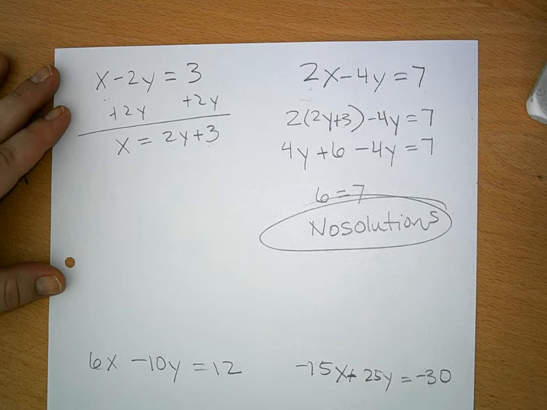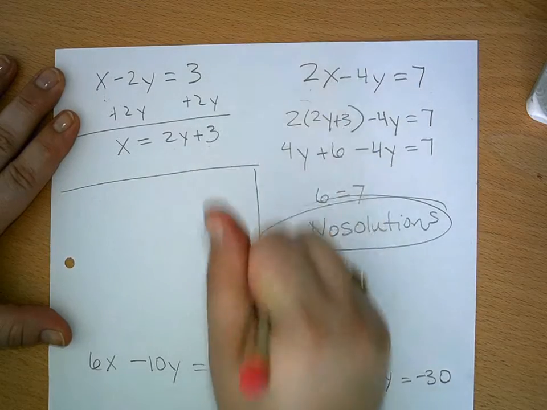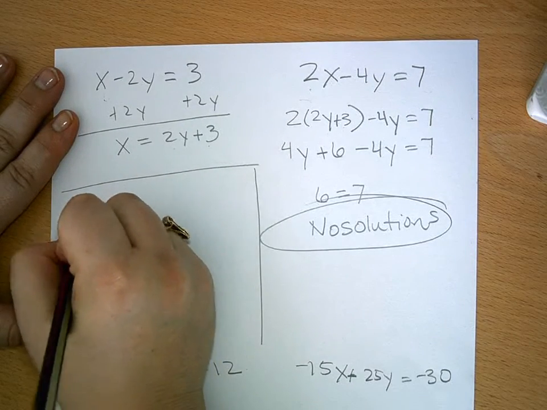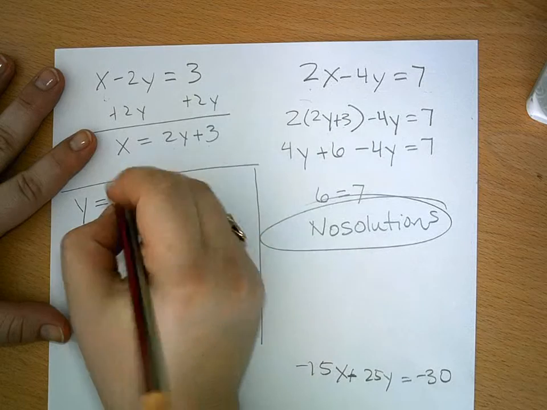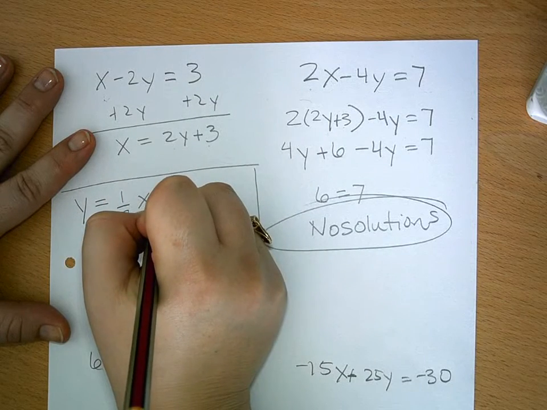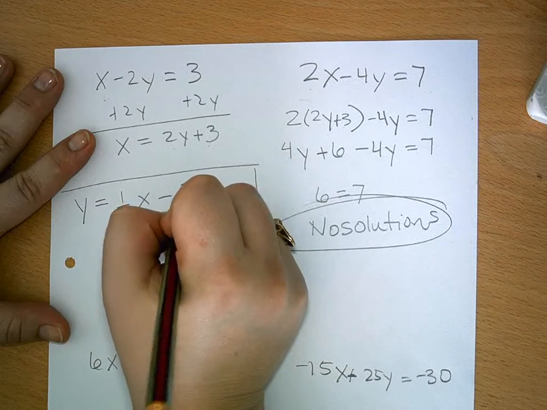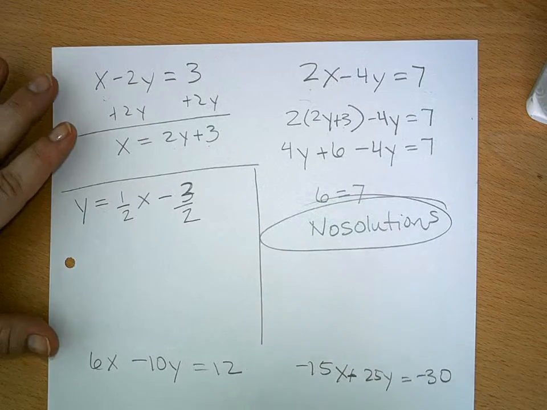Graphically, let's see what would happen. This equation would be y equals 1/2 x minus 3/2.